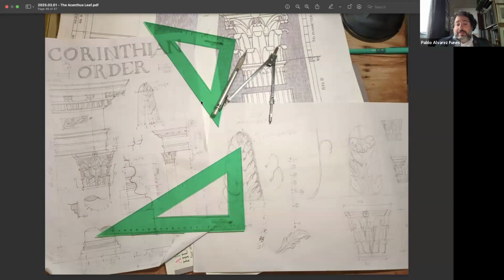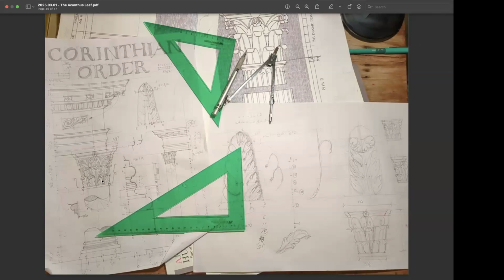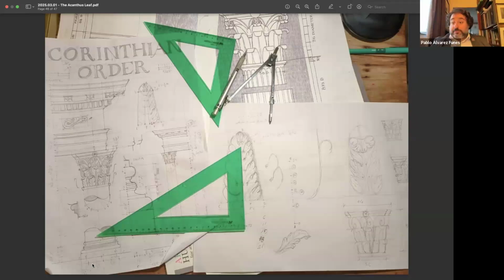But it's more the world of ideas, and you need to understand that dichotomy between the real world, as Aristotle would say, and the world of ideas, as Plato would define it. That is the way you need to understand this architecture, because otherwise you don't understand why Callimachus went from a basket surrounded by wheat into the Corinthian capital.